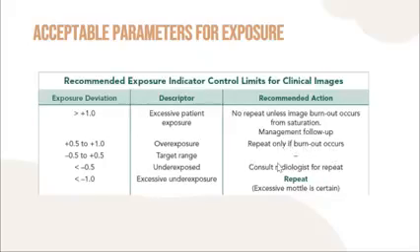Okay, it's optimal. So if it is below 100, which in our case, Fuji, is below 100, it is underexposed. Negative 0.5 is below 100.